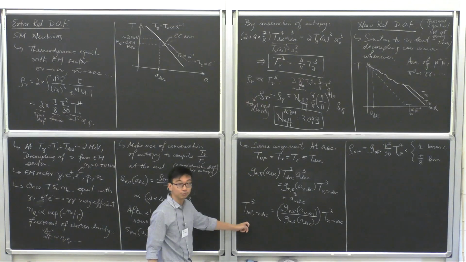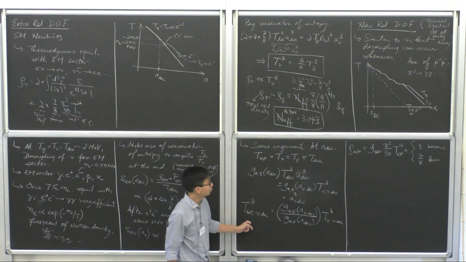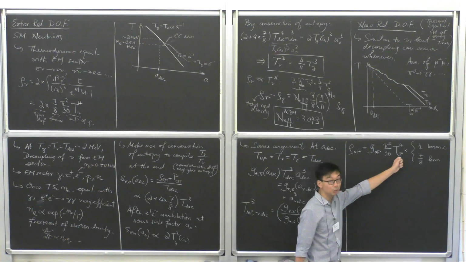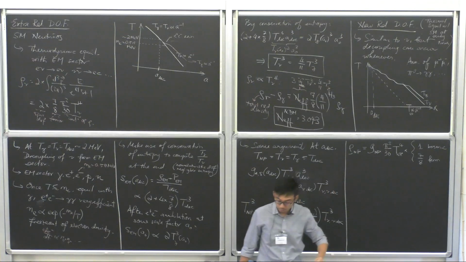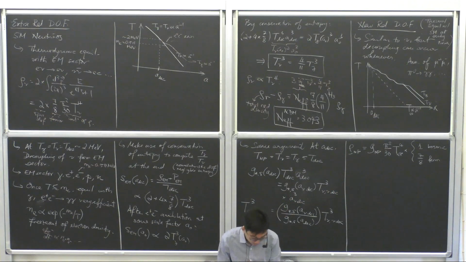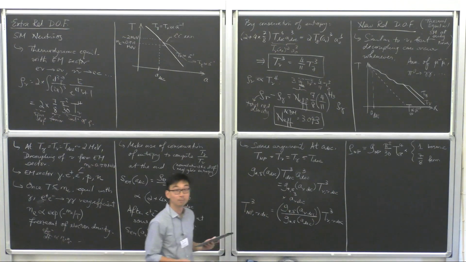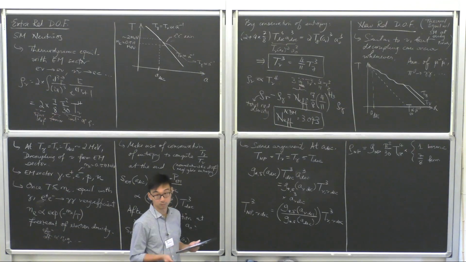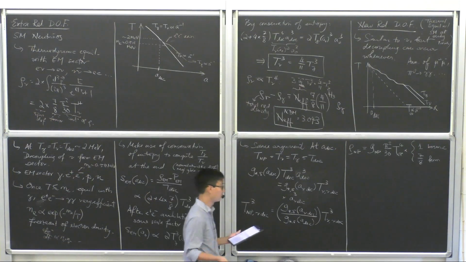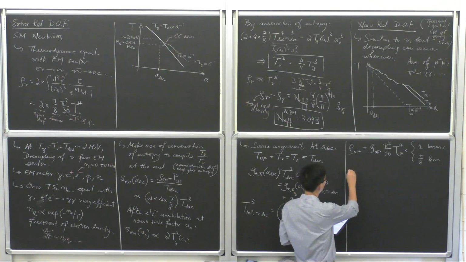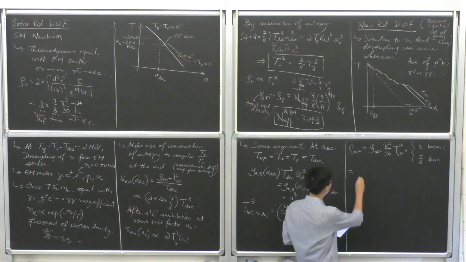And then I can make use of this relationship to rewrite this in terms of T nu to the 4. And I can rewrite this in terms of the energy density of neutrinos. Okay, that's just some very simple math, and you can work it out yourself.